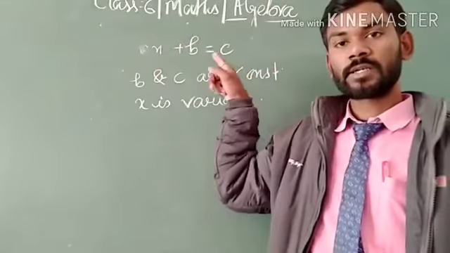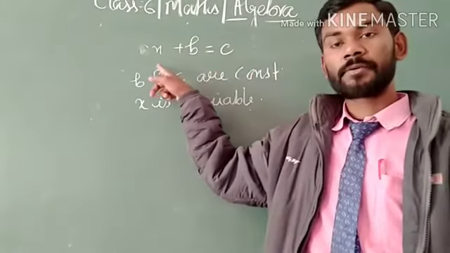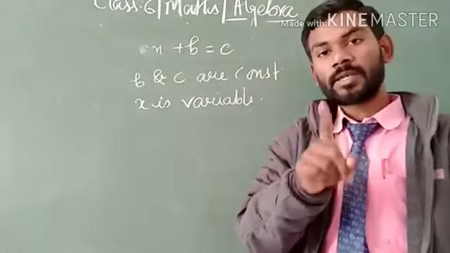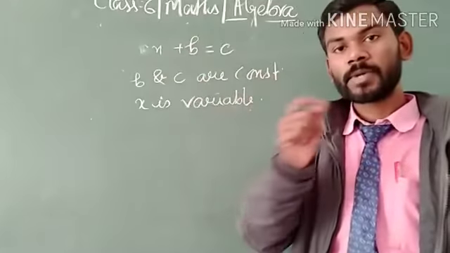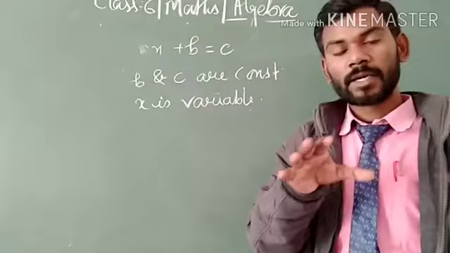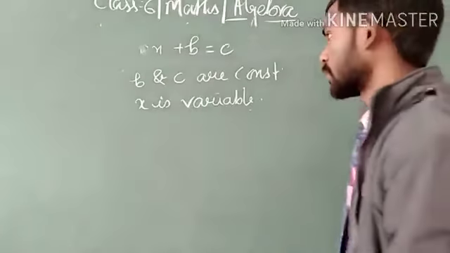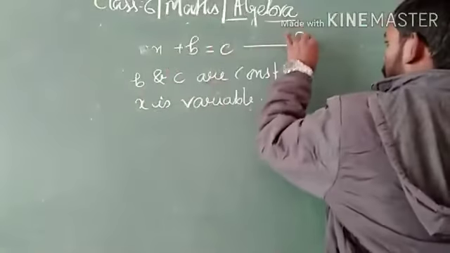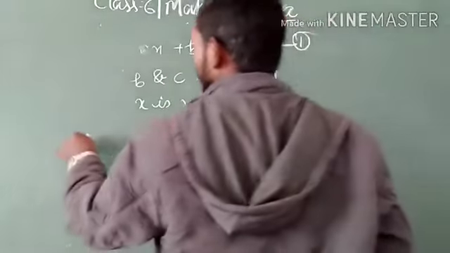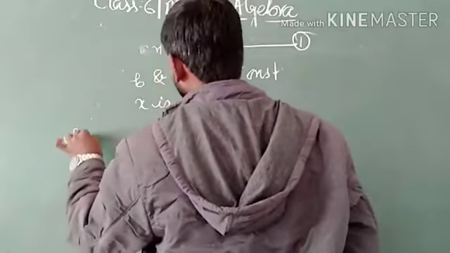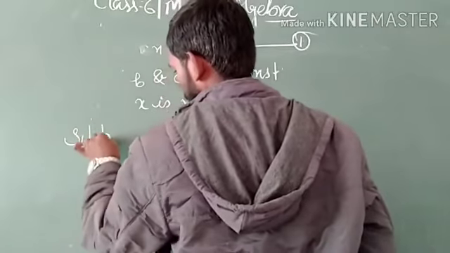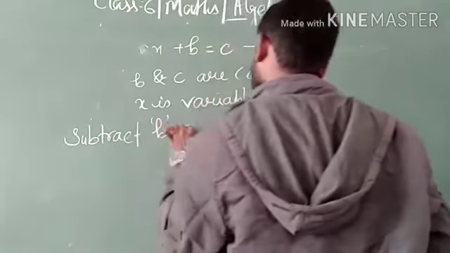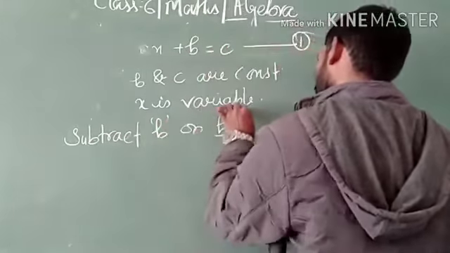Since b has been added with x, we shall subtract b from the left hand side as well as the right hand side. You can suppose that this is equation 1. We shall write: subtract b on both sides of equation 1.